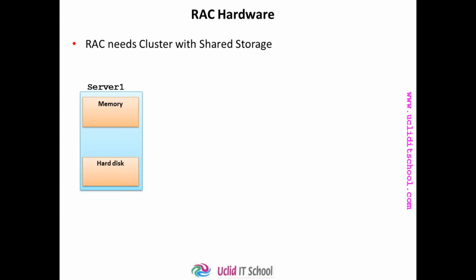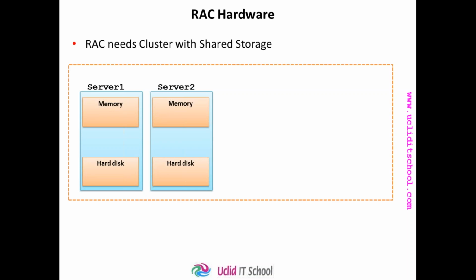As shown in this diagram, I have one server with local memory and local storage. I have second server with its own memory and disk space, that is storage. Now, these two servers are logically grouped using some software. Physically they are different servers, but logically they are grouped with some software. So this is called a cluster, group of two or more independent servers acting as a single server to the application system.